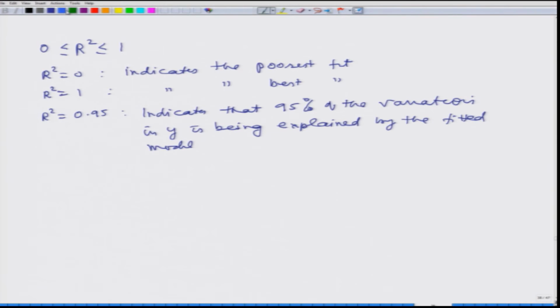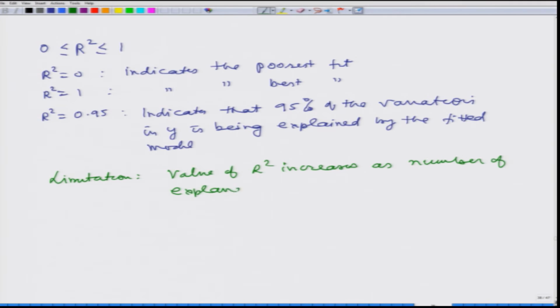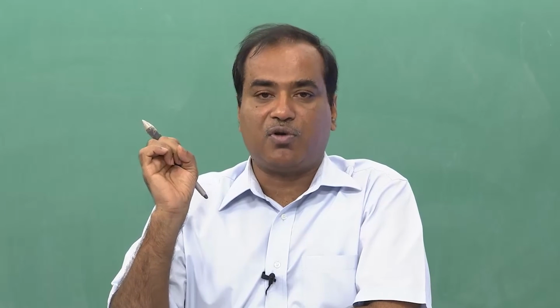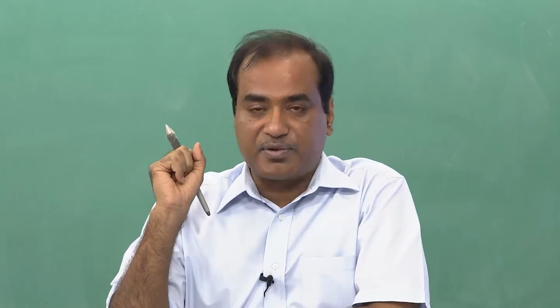This R square has one limitation, that the value of R square increases as the number of explanatory variables increases. Now, why is this a limitation? Suppose somebody is trying to fit a model with a certain number of explanatory variables.